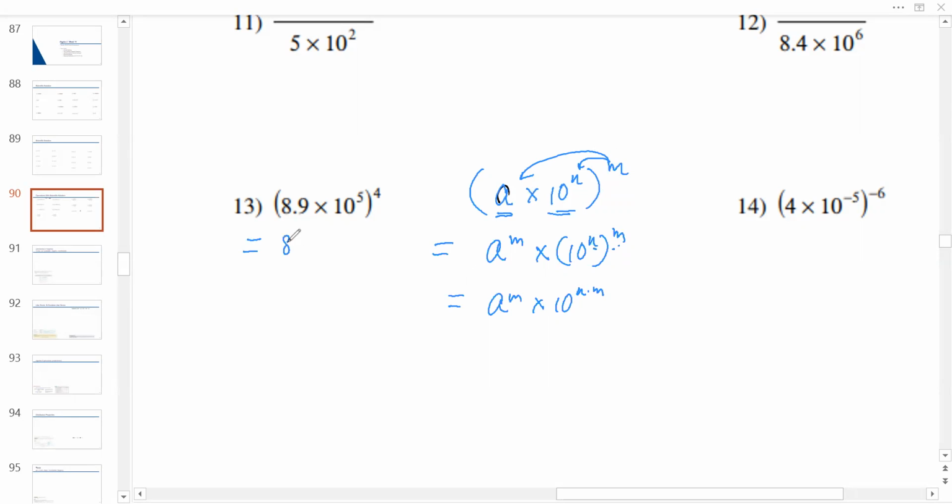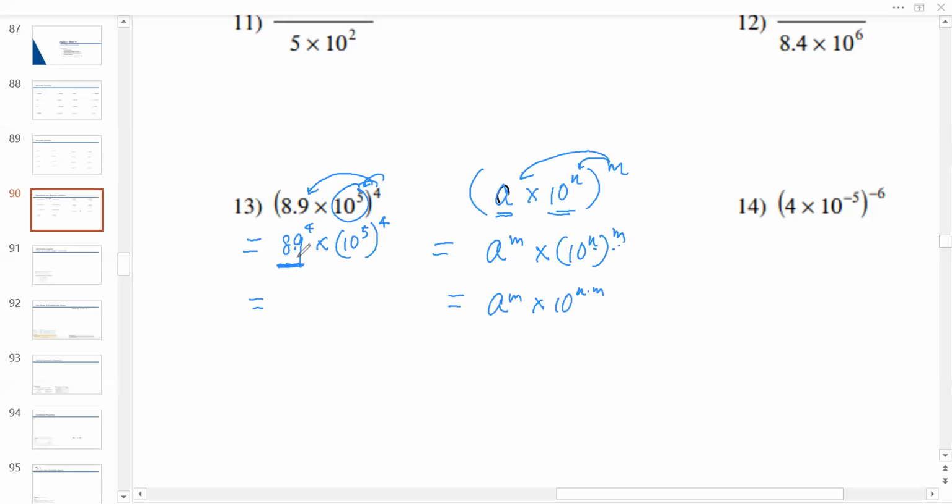So we get it here, 8.9 to the power 4. Each of these is to the power 4. You can use the calculator to get this one. What's the value of 8.9 to the power 4?